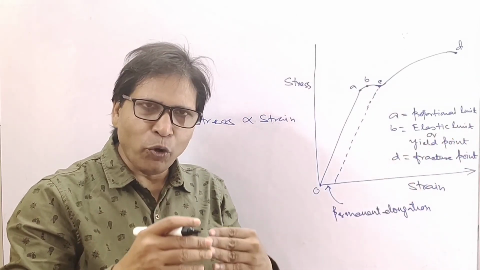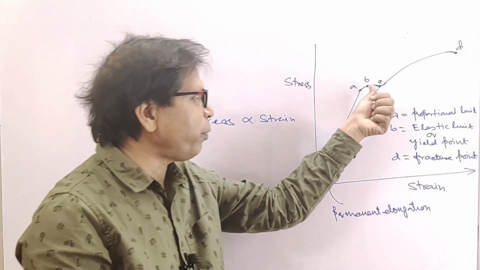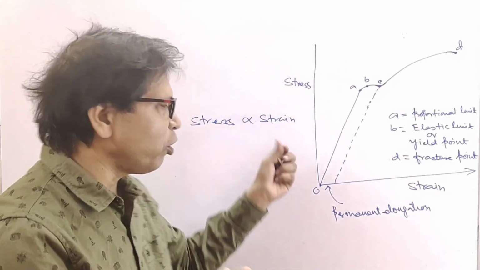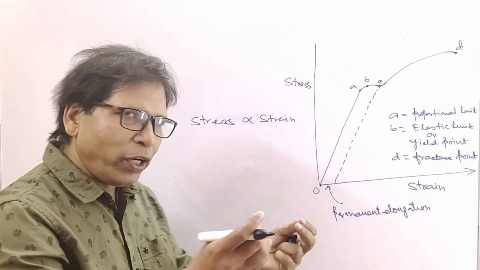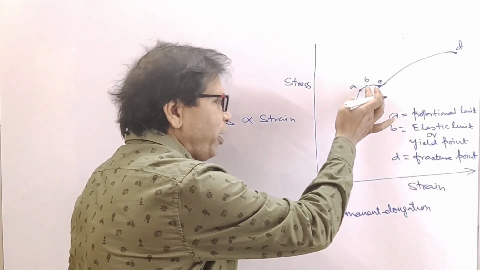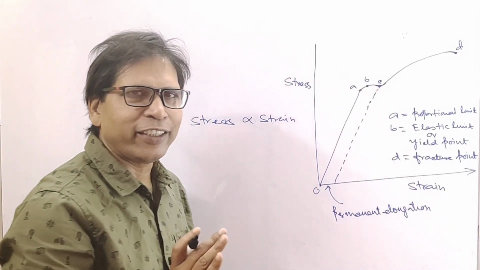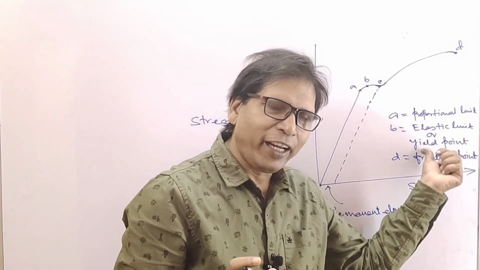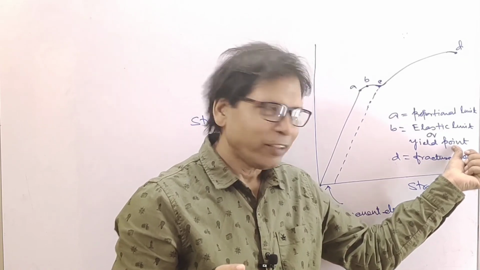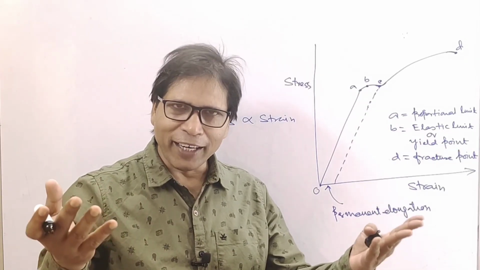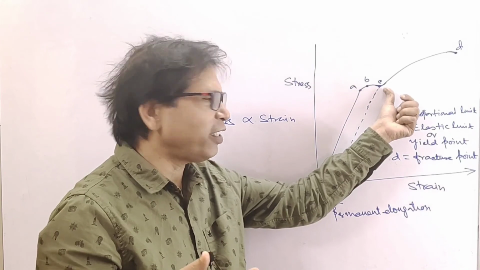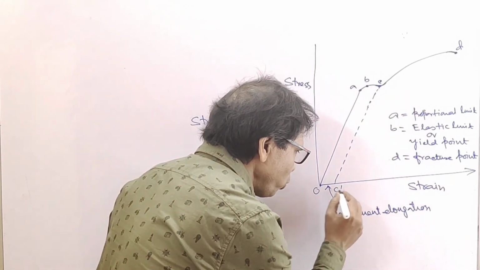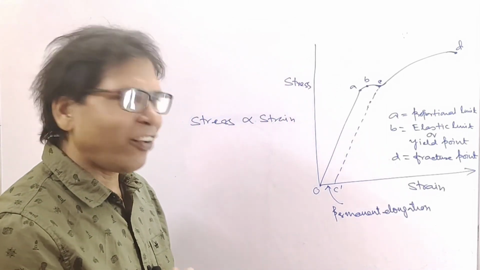If we apply the load further, we reach a point B in which the proportional limit is not obeyed. But if the load is removed, the body regains its initial state. This is known as the elastic limit or yield point. Okay? If we increase the load further, we reach a point C where permanent elongation, this amount OC dash, occurs.